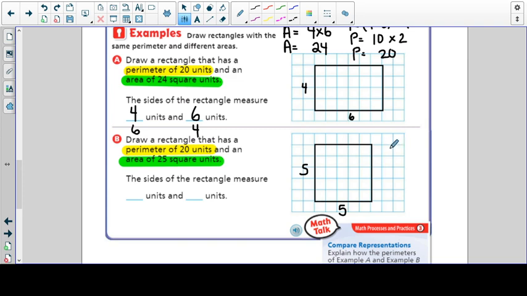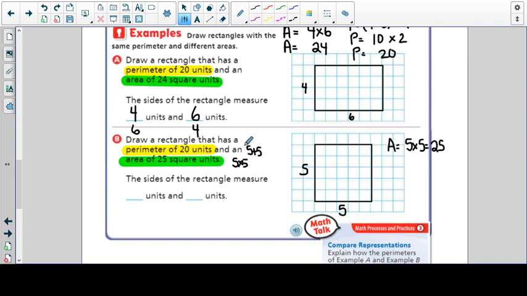So let's start with the area first. Alright, so the area would be 5 times 5, which is 25. And I keep saying I need to think of two numbers that when I multiply them together, I get one thing, and then when I add those two numbers together and then double it.